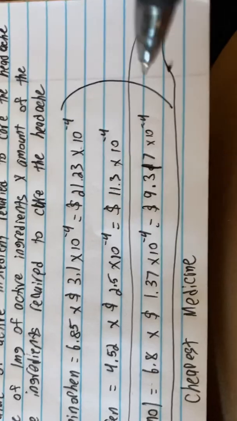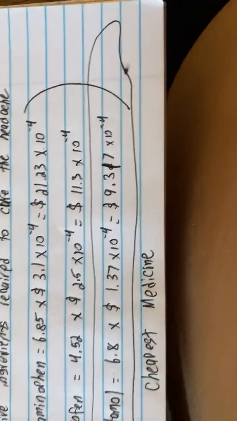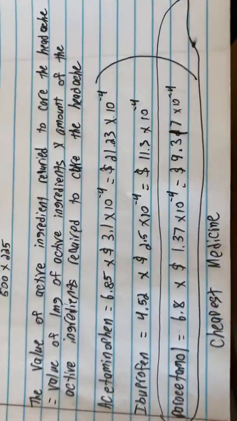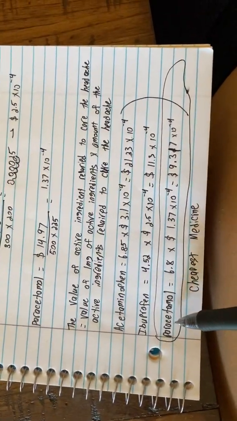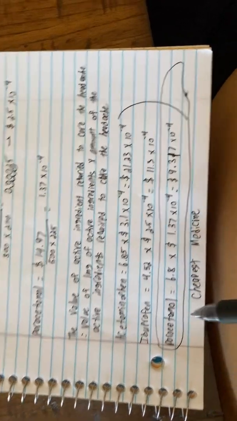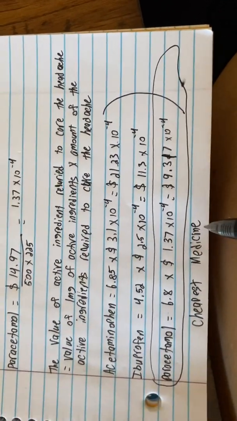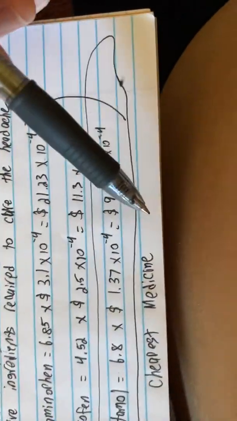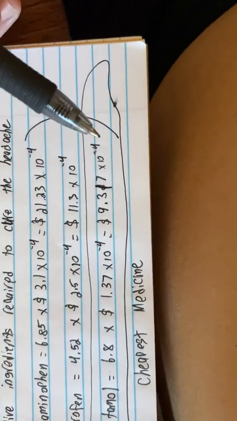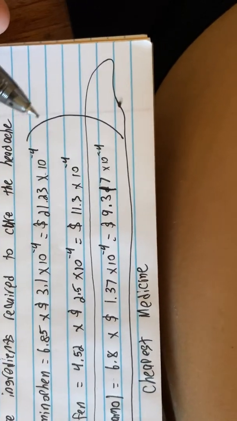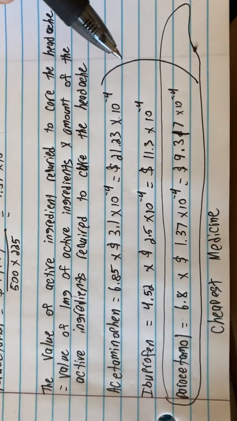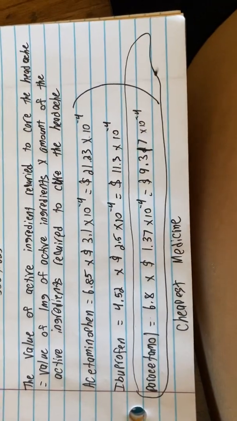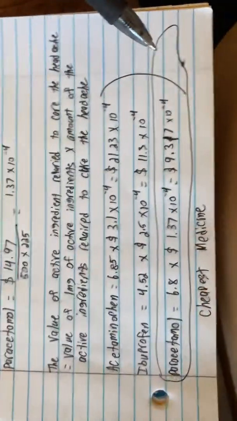All right, since the 9.3 is the lowest, that would make the Tylenol the cheapest medicine with the best value, since the person buying at the store wanted to save money and spend the least to cure his headache.